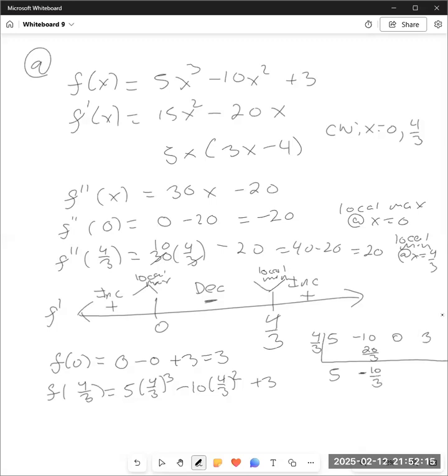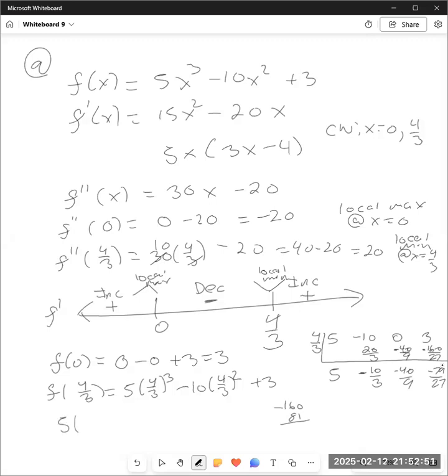Then that is negative 40/9. And then that is negative 160 over 27. So negative 160 plus 81 is negative 79 over 27.